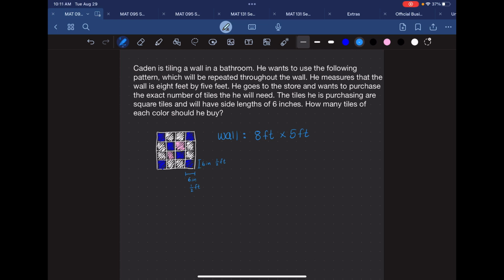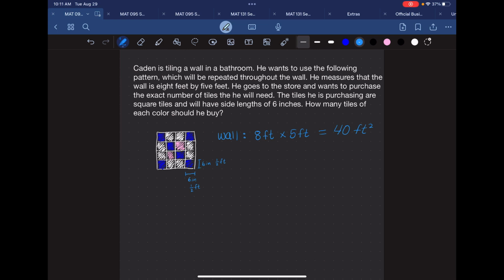Which means I need to make sure that the area of the tiles that I'm buying is equal to the area of the wall. So it might be beneficial to figure out the area of the wall, which is exactly 8 by 5 feet. And the area is 8 times 5 feet squared. So we have 40 square feet. So we need enough tiles to cover 40 square feet.